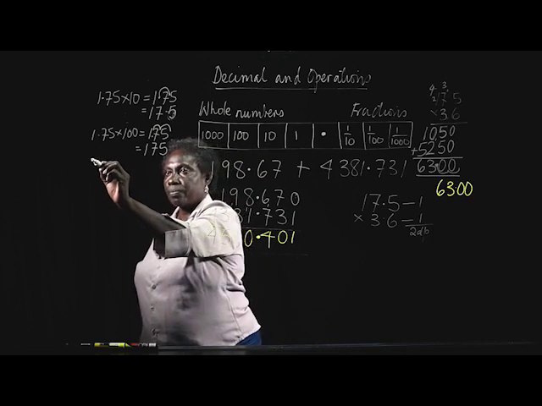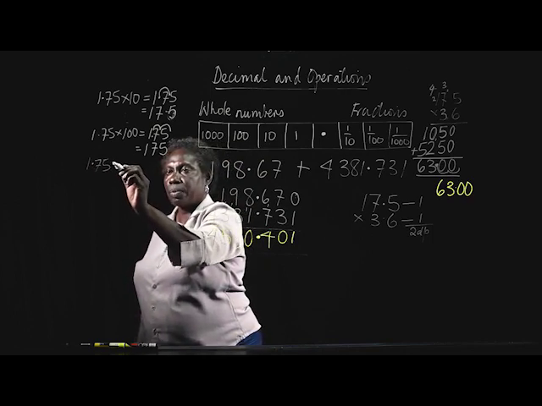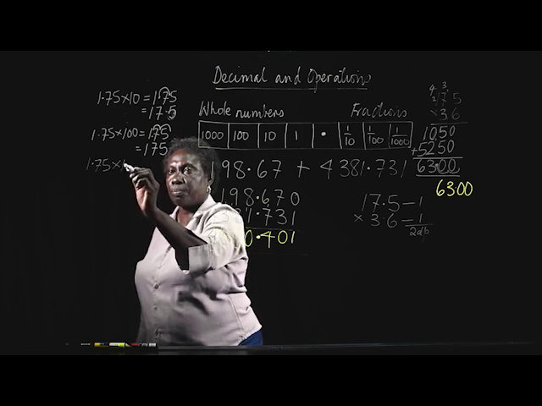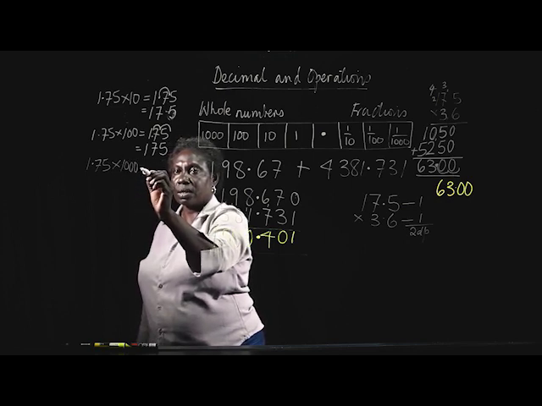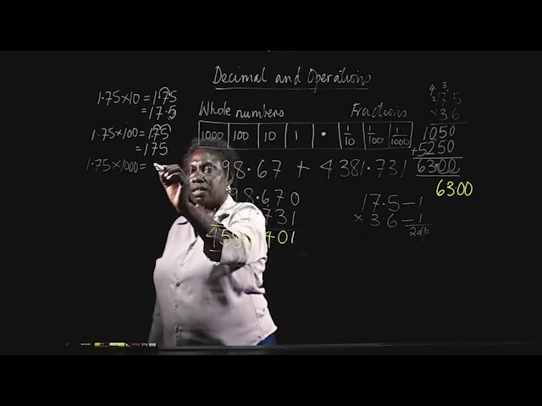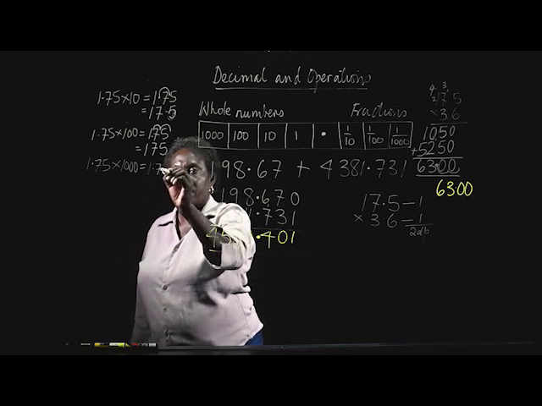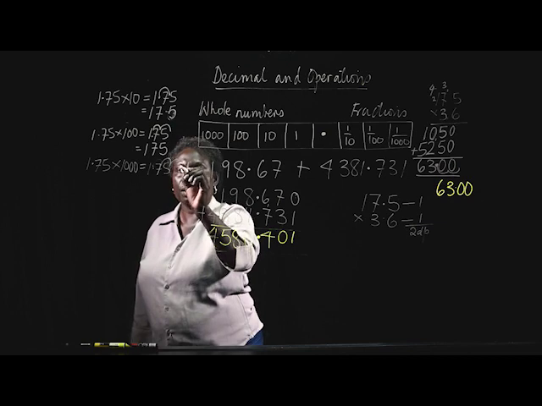Let's try one more. This time, I am going to multiply 1.75 by 1,000. Since there are 3 zeros, I am going to move 3 places to the right. I have 1.75. I have moved 3 places to the right.